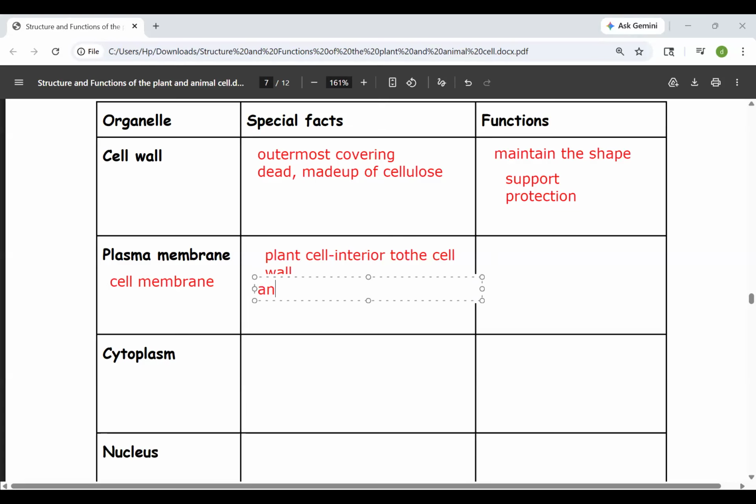Then write down animal cell, the boundary. Then made up of phospholipids and proteins. Next one right now. Made up of phospholipids and proteins.